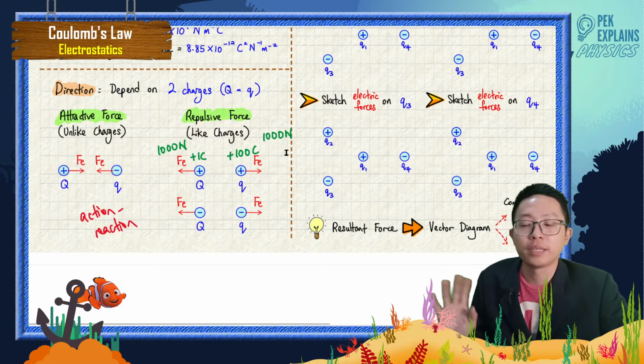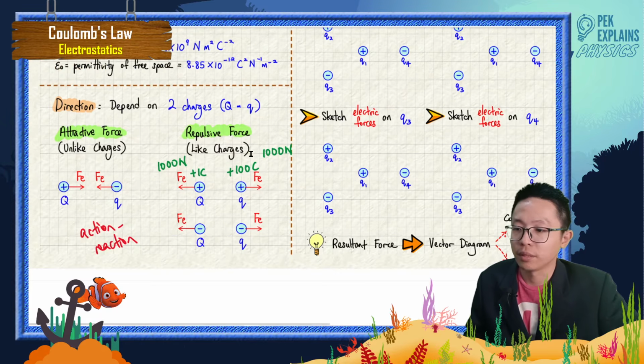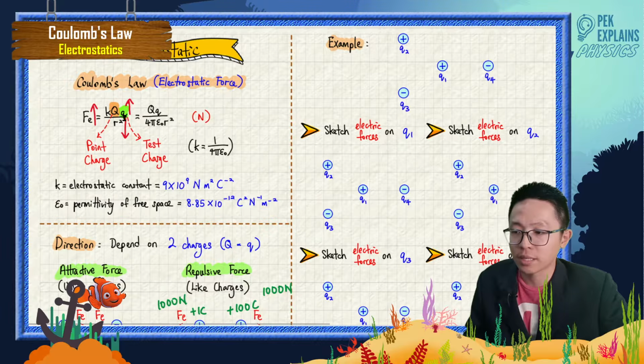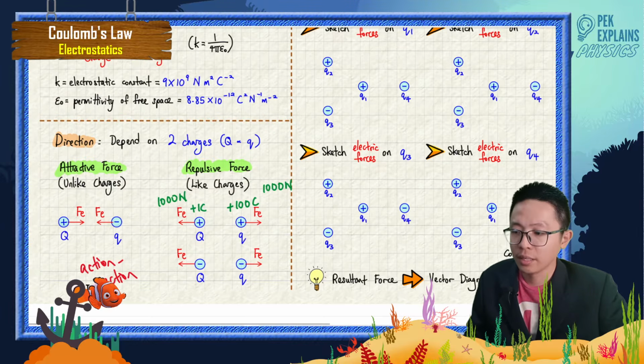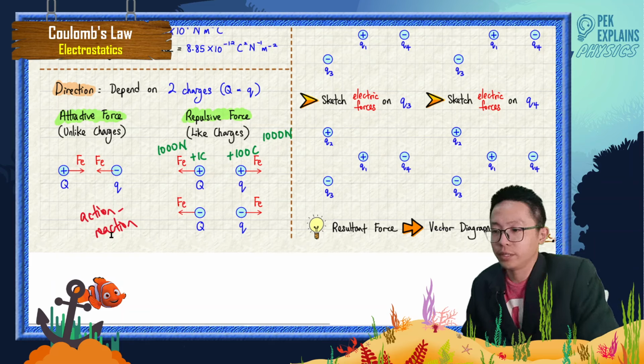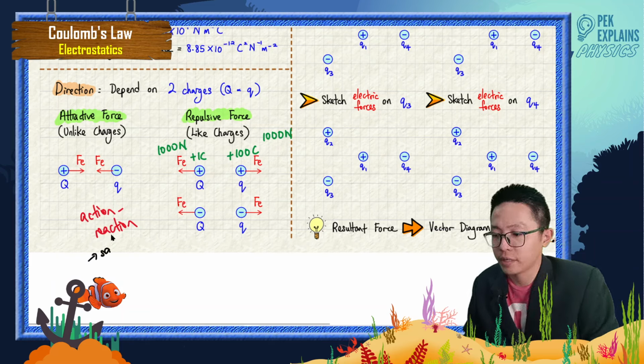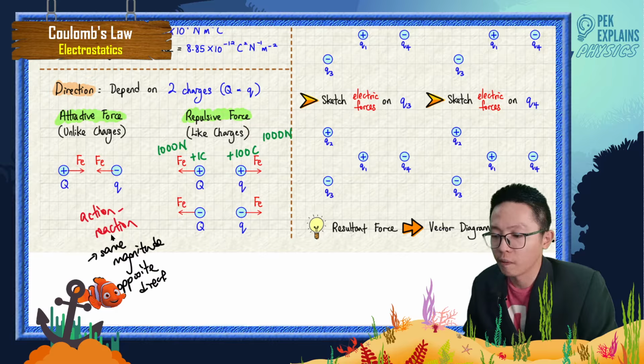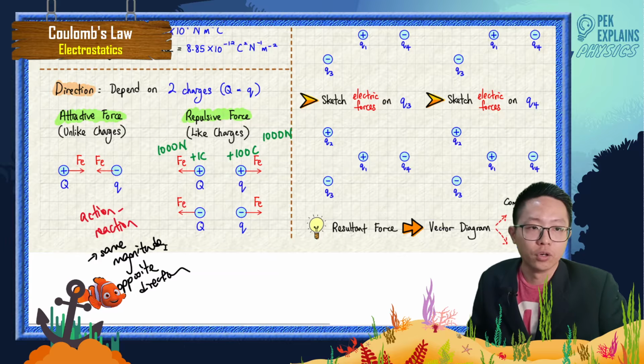No, they have the same amount of force because they use the same formula, kQQ over r squared. They are action-reaction forces, which means they have the same magnitude but opposite direction.